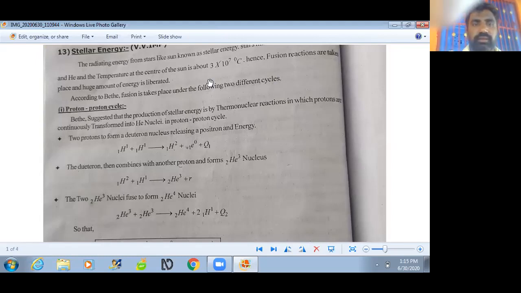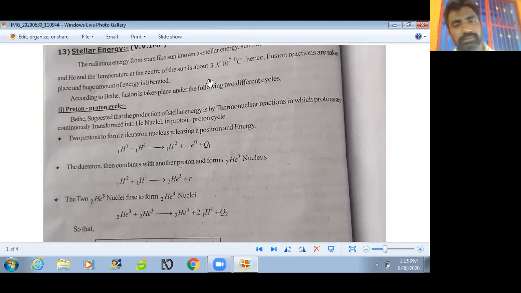In the proton-proton cycle, protons are fused together and finally form a helium nucleus. First, two protons form a deuteron nucleus, releasing a positron and energy.